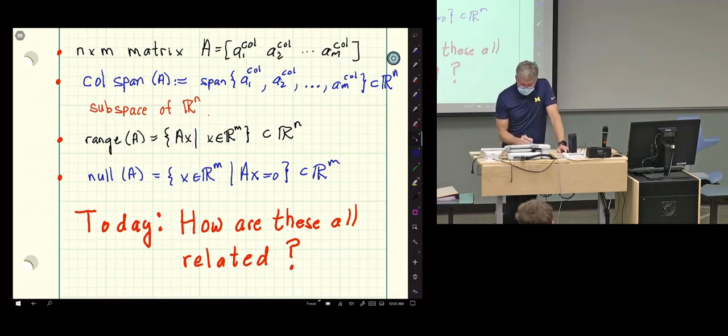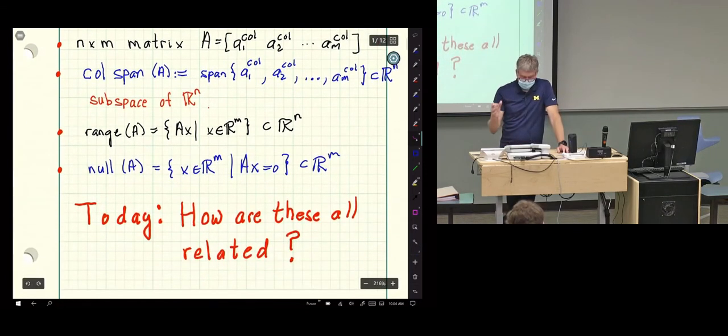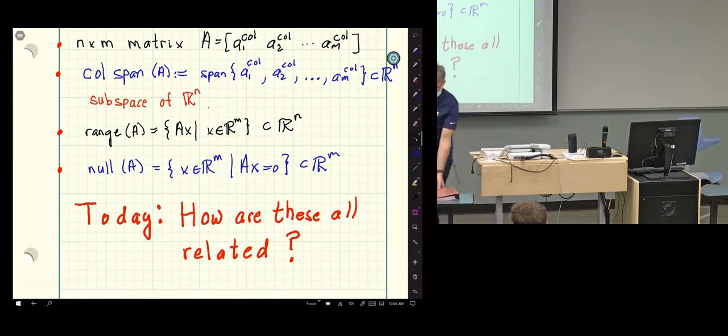And then we had this other subspace lying around, which is the null space of A, where you look at all vectors in Rm that get mapped into 0 when you do A. Okay, so range, all vectors I can write as A times x, and null, all vectors that get mapped into the 0 vector. So it's the 0 space of A. And today we're going to get all these things and tie them all up together.